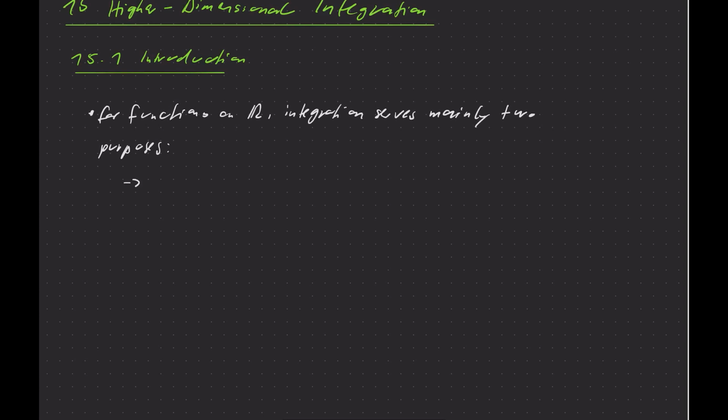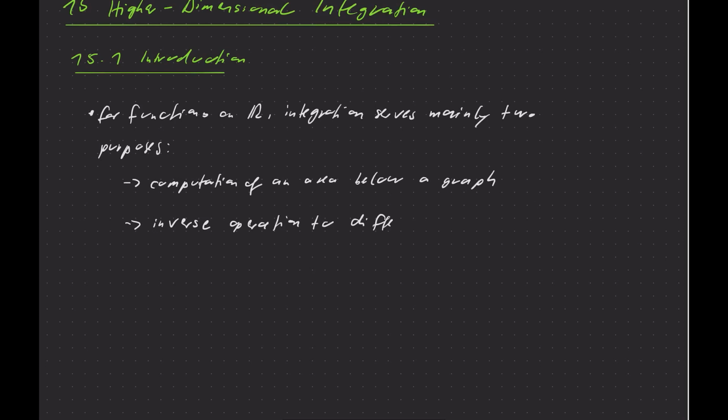The first one is computation of an area, usually below a graph. And the second is as the inverse operation of differentiation. So this leads to the notion of antiderivatives.